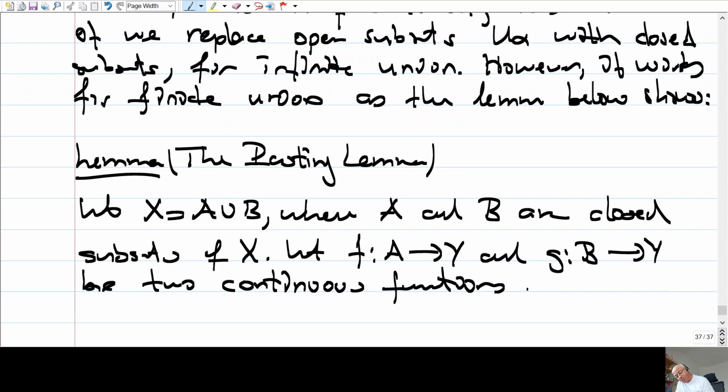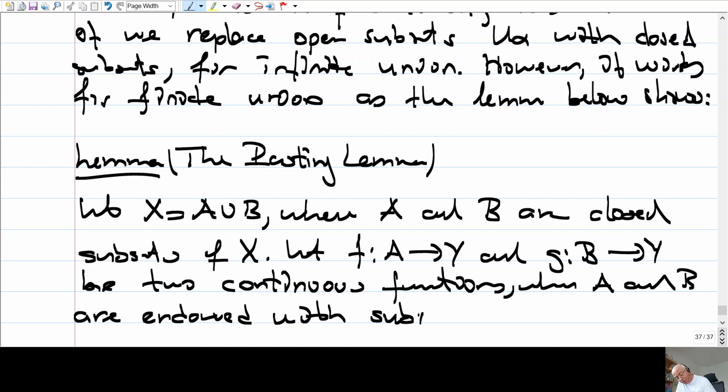Of course, here A and B are endowed with the subspace topology.